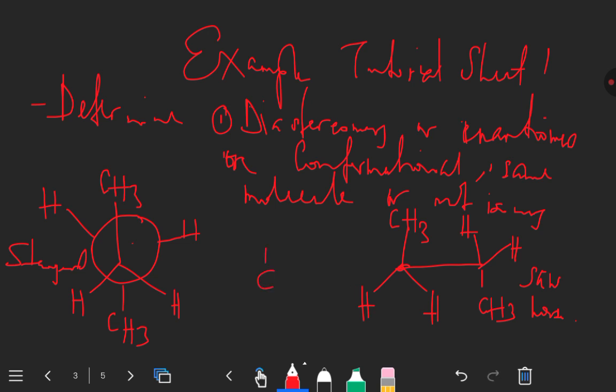For example, I can have a carbon bonded to a methyl, then this same carbon bonded to a halogen, let's say a bromine, then an ethyl group, then a hydrogen.